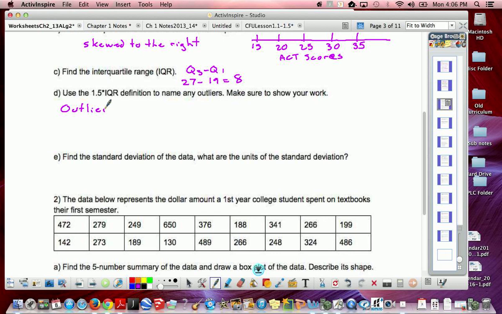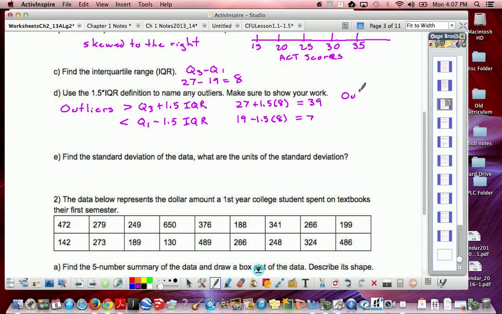Again, outliers are values that are greater than Q3 plus 1.5 times the IQR or less than Q1 minus 1.5 times the IQR. So what I want to do is plug in the numbers here. So I'm looking at 27 plus 1.5 times 8, and I'm looking at 19 minus 1.5 times 8. Well, 1.5 times 8 is 12, so 12 plus 27 is 39, and 19 minus 12 is 7.